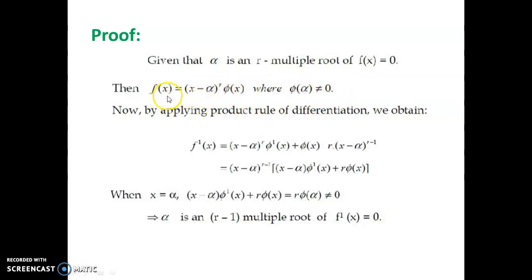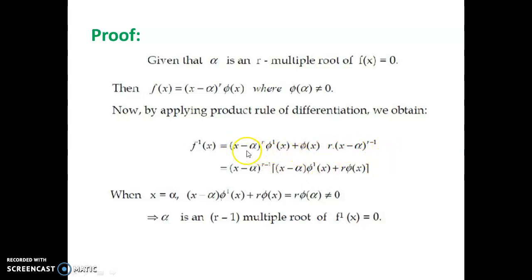Now let us find the derivative of this expression. Here you have to apply the product rule to find the derivative of the right hand side. Then f dash of x will be equal to x minus alpha all raised to r into the derivative of phi of x, that is phi dash of x, plus the second function, phi of x, into the derivative of x minus alpha all raised to r, that will be r into x minus alpha all raised to r minus 1.